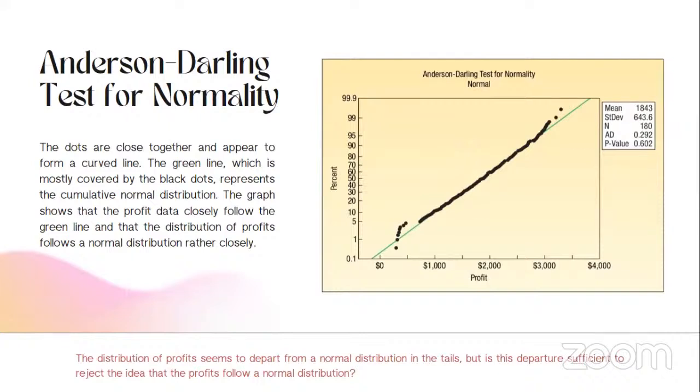Anderson-Darling test for normality: the dots are close together and appear to form a curved line. The green line, which is mostly covered by the black dots, represents the cumulative normal distribution. The graph shows that the profit data closely follow the green line and that the distribution of profits follows a normal distribution rather closely.